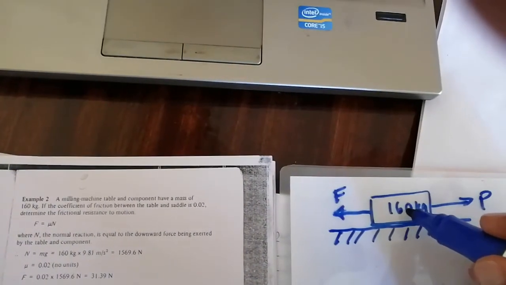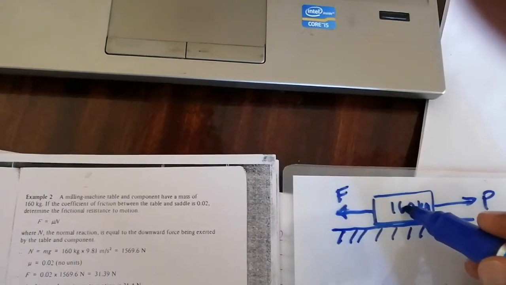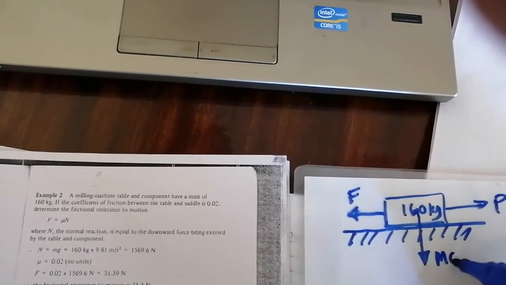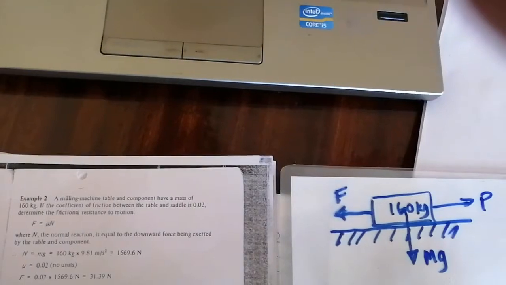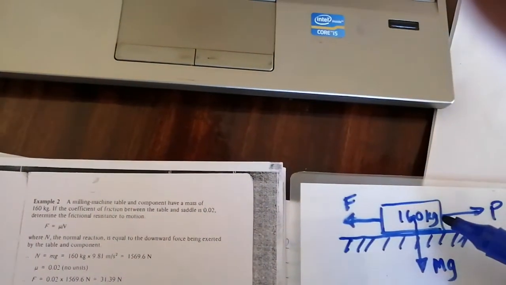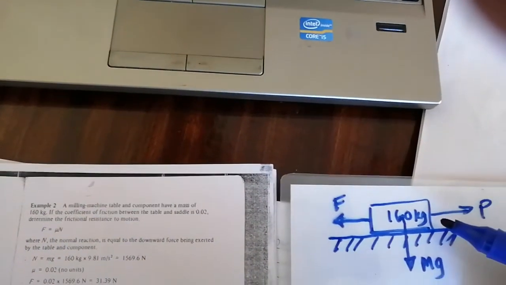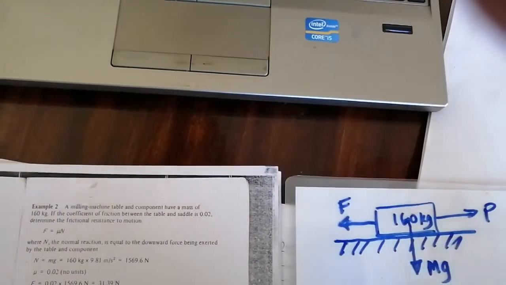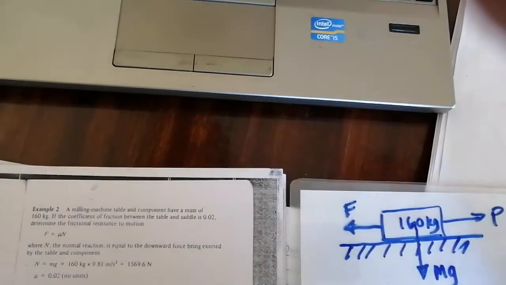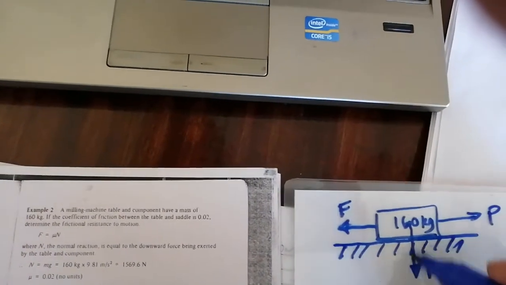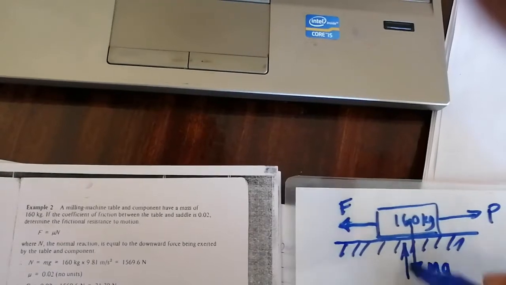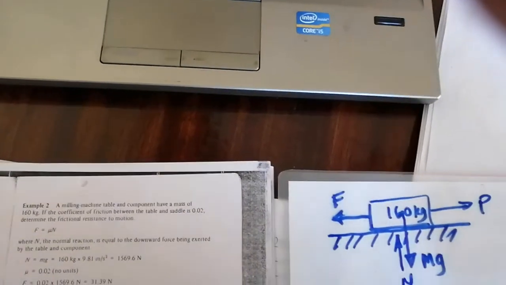Now this weight will act through the center and it will act downwards as mg. Remember, here we have only the mass. We are now looking for the weight, which we multiply by the gravitational acceleration. And likewise, we'll have a normal reaction N acting upwards.